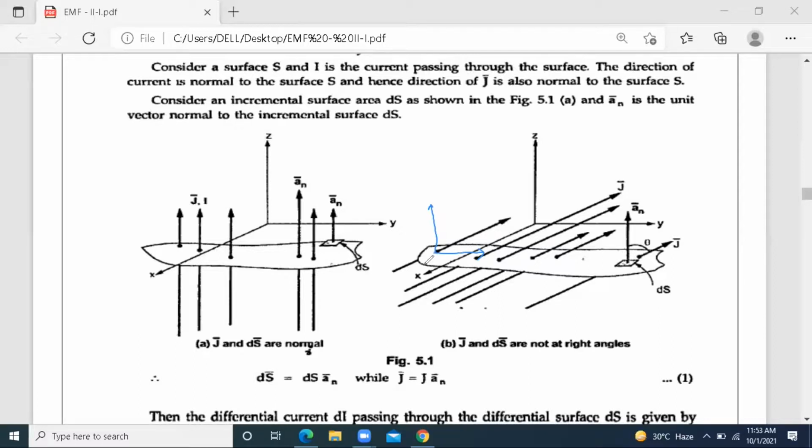So if you dot this at any time with the direction of the surface, all you get is the normal component. It's zero. Okay, I get that point.